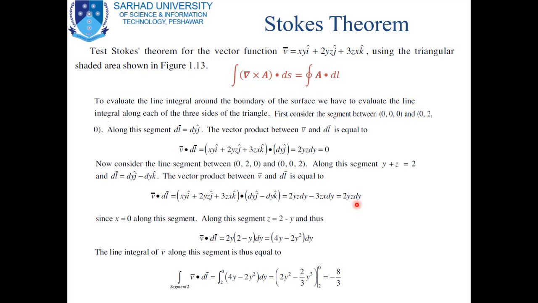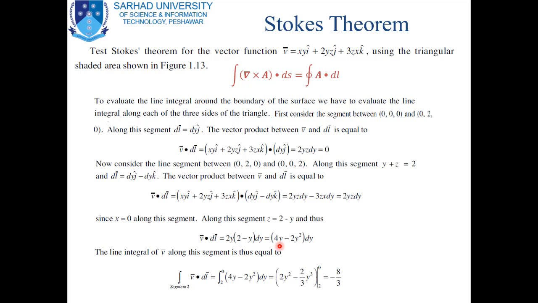And now we will integrate this. Along the inclined segment, the value of z is equal to 2 minus y, so we can put the value of z here, and we will have 2y into (2 minus y) dy.